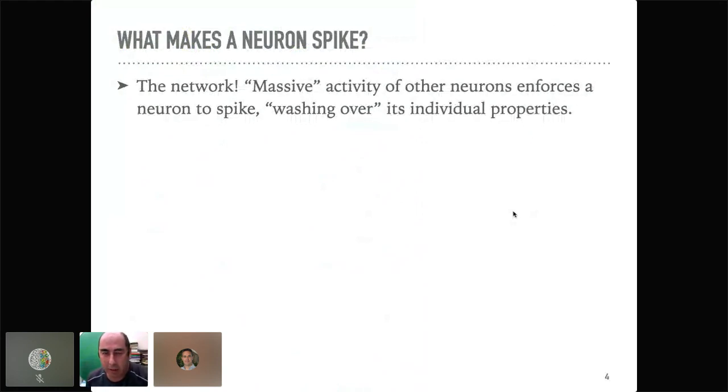There is massive activity of other neurons, which forces the membrane potential to cross the threshold and makes the neuron spike. And if you ask most theoretical neuroscientists, especially the physicists, they would just tell you that the network activity is so overwhelming that it basically washes over all the individual properties of the single neuron.